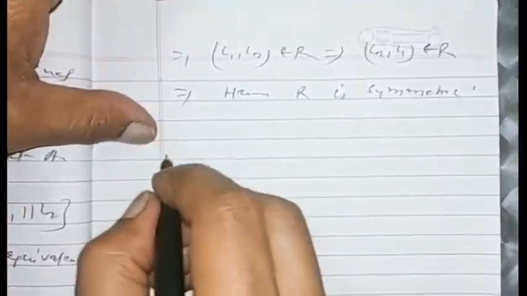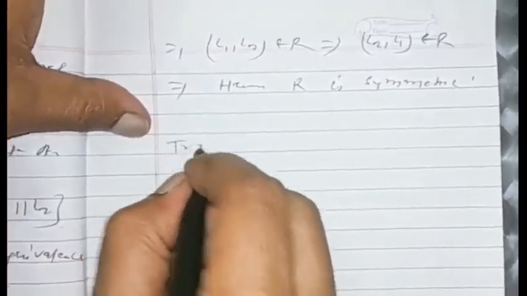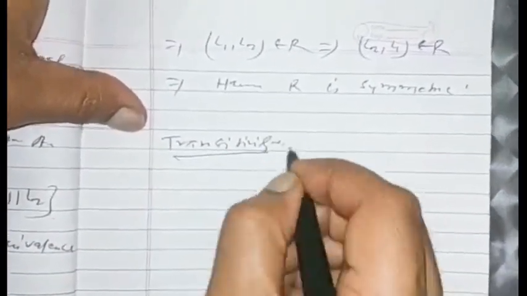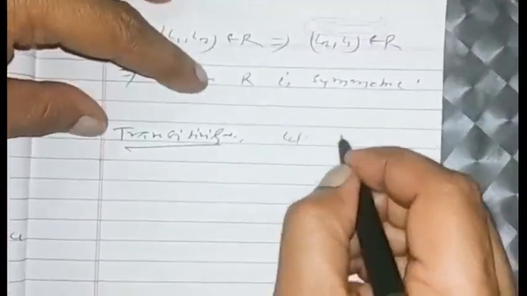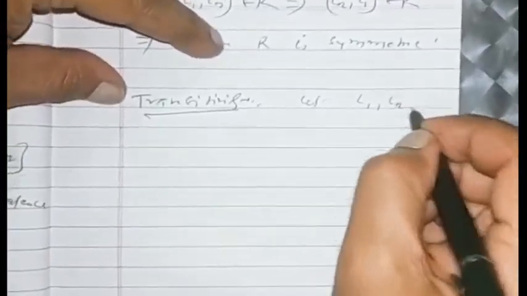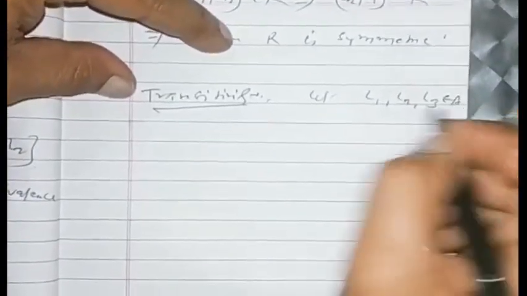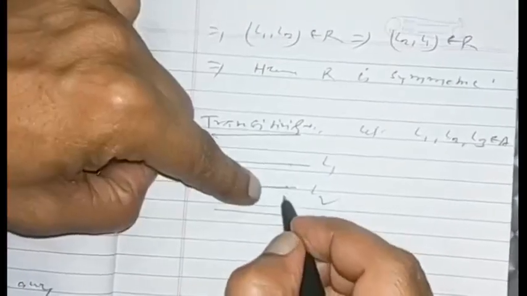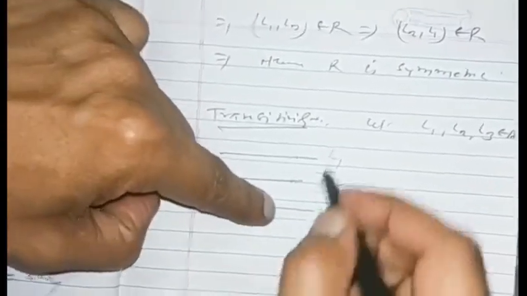Now, lastly, we prove transitivity of R. Let L1, L2, L3 all be straight lines belonging to set A. Suppose L1 is parallel to L2 and L2 is parallel to L3. Therefore L1 is parallel to L3.